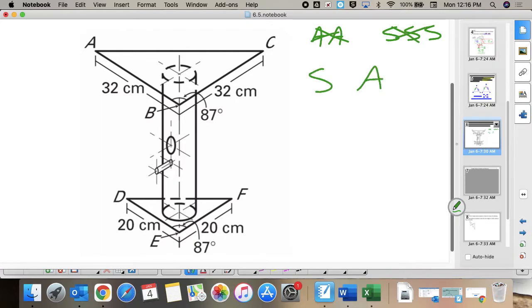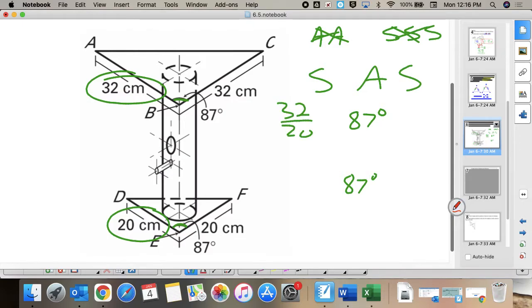Or side, angle, side, meaning the angle must be congruent. I got the 87 degrees with the 87 degrees. And then the ratio of the sides have to be the same. So 32 over 20.